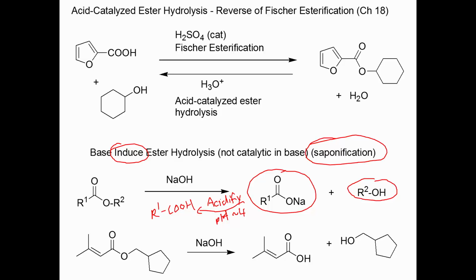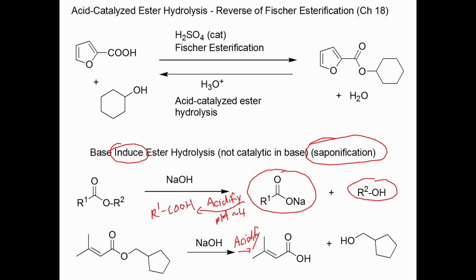Okay, so here we're just going to go ahead and do the acidification step. Okay, I'm sorry I forgot to add that in, but so we're going to treat this with sodium hydroxide, then do a pH adjustment. We're not neutralizing, we're actually making it fairly acidic. We're going to make the carboxylic acid, shown here, and the alcohol.